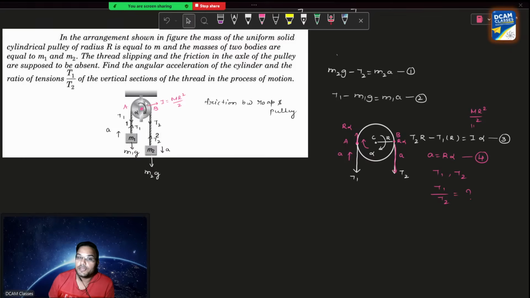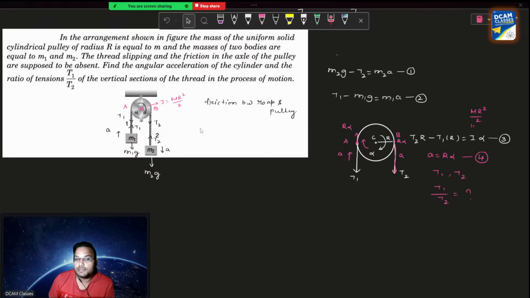Whenever there is friction between the pulley and the string, there is a difference in the tension. This is the first thing that you should note down in your notebook because you will be using this concept multiple times in rotation problem solving. Whenever there is friction between pulley and the string, the tension in different parts of the string is different. So T1 and T2 are different here.